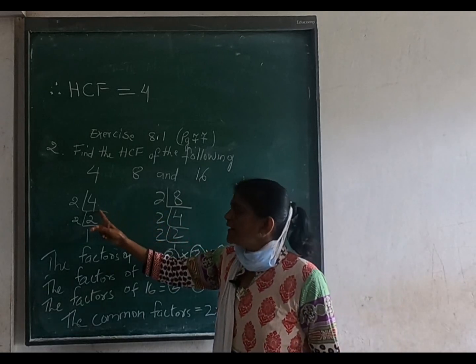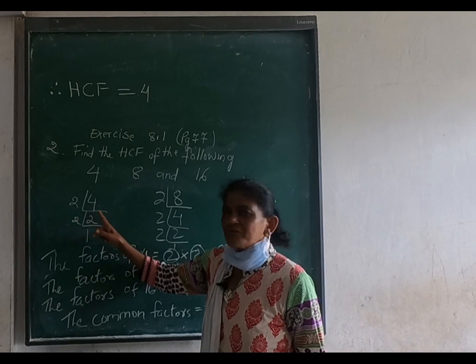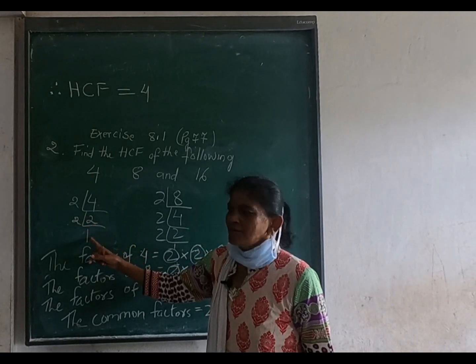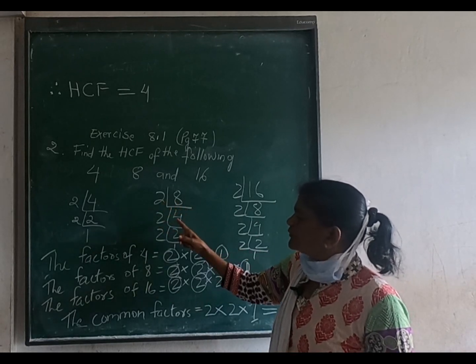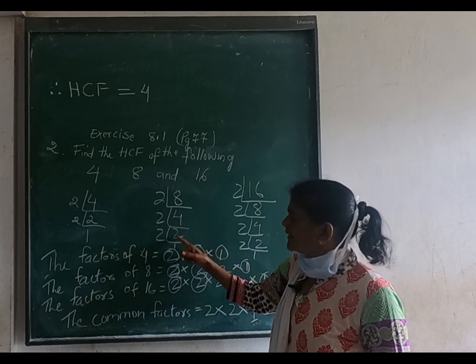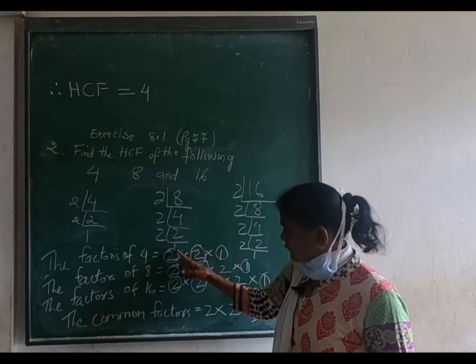So 4, I have divided with 2 and I got 2. Here again I divide with 2, I get 1. In this case you see 8, I divided with 2, so I got 4. Then 4 divided by 2 is 2, and again I get 1.